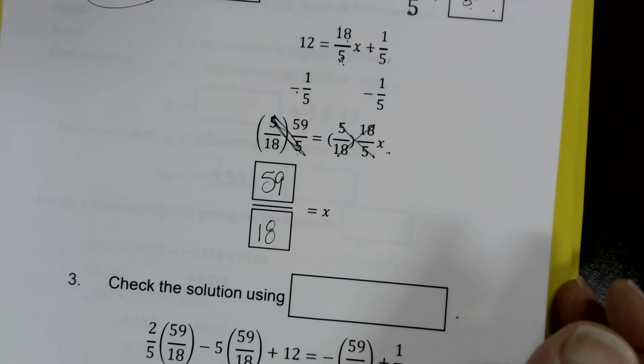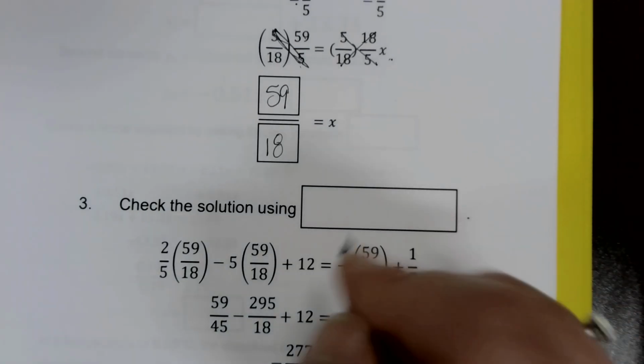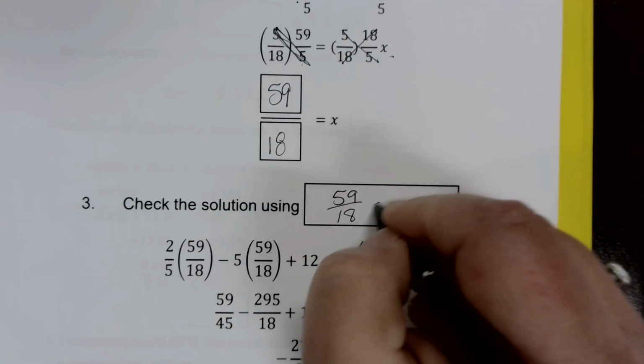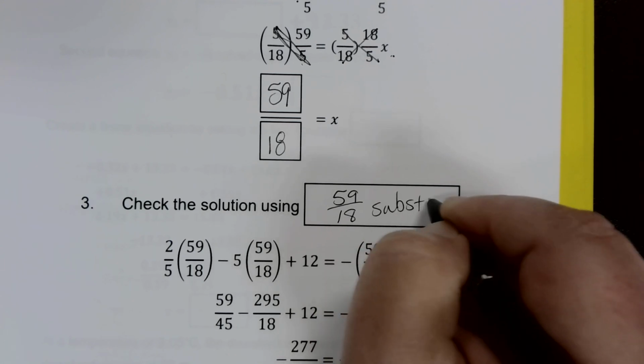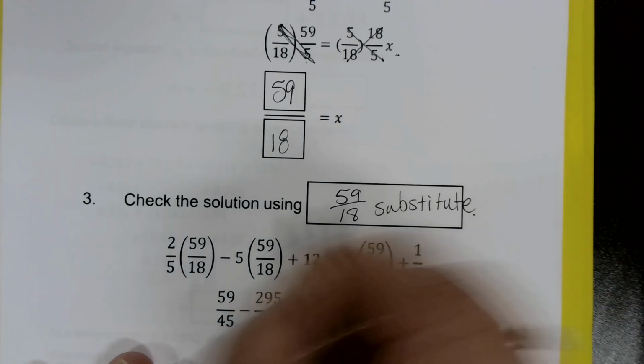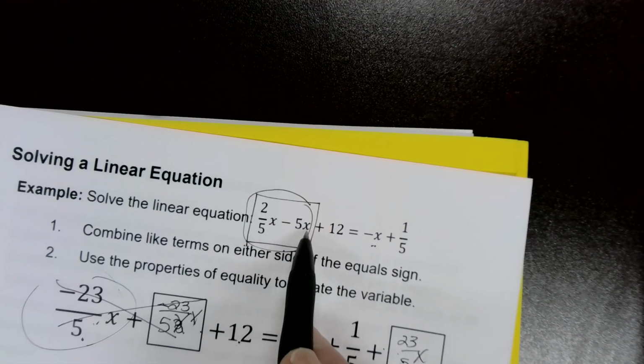Now, I want to check that solution. I'm going to check it by using that 59 over 18 to substitute in for x. So I find my original equation, which was, there was an x here, here, and here in my equation.